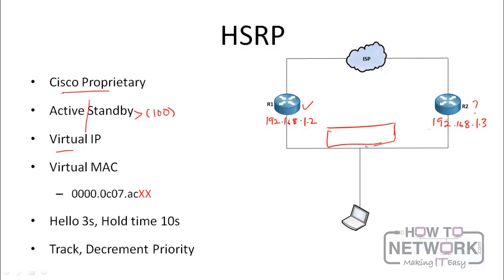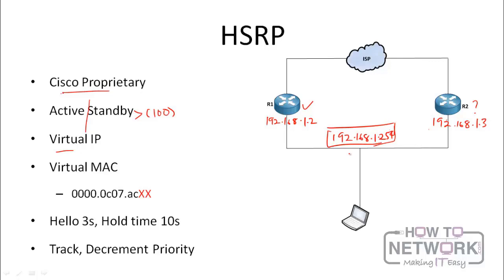It can be any IP address in the subnet, so you can have something like 192.168.1.254, for instance, but whatever the IP address is set to, that's going to be the IP address that you would assign to the clients as the default gateway. So if you're configuring DHCP, for instance, that's going to be the IP address that you would set as the default router.